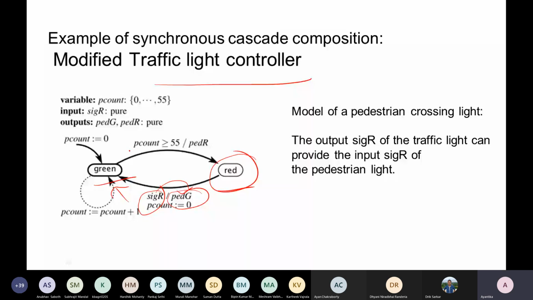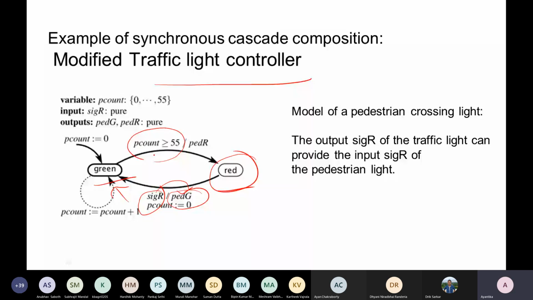Okay. Now when they are in the green state and there is a counter, because you have to set some time relation, that for this amount of time your green light will be on, so that the pedestrians can cross.